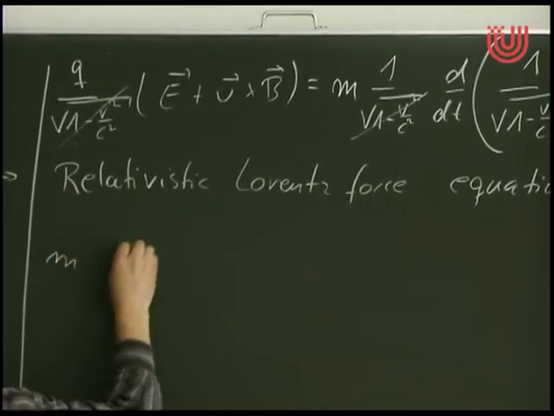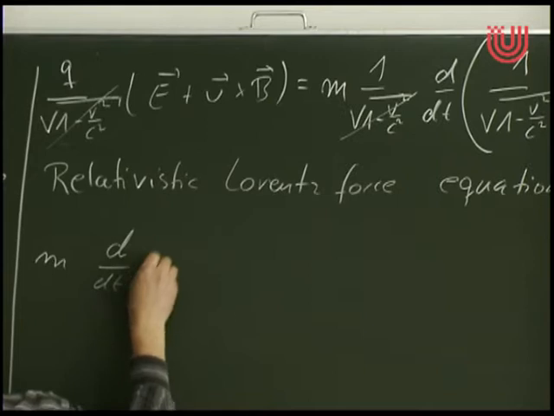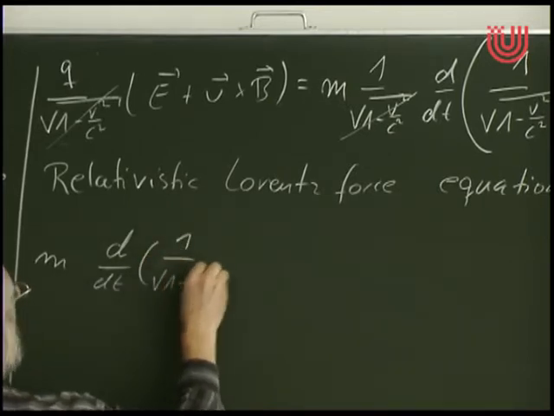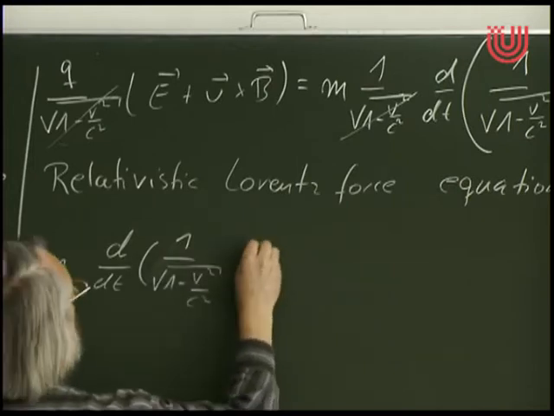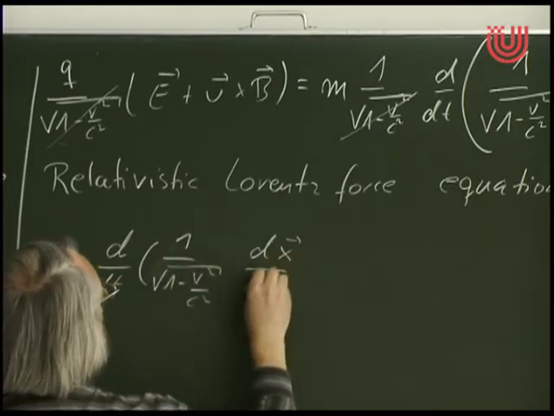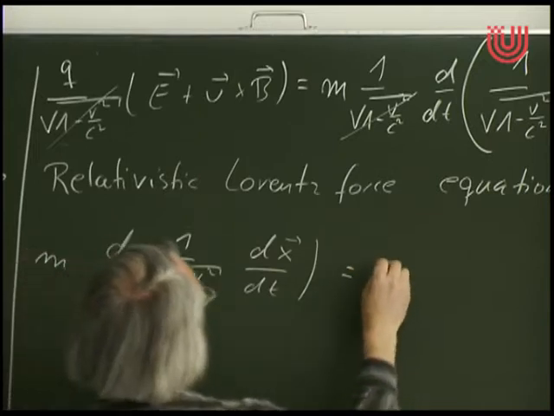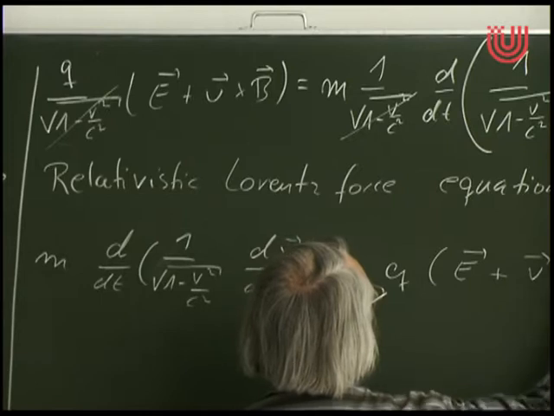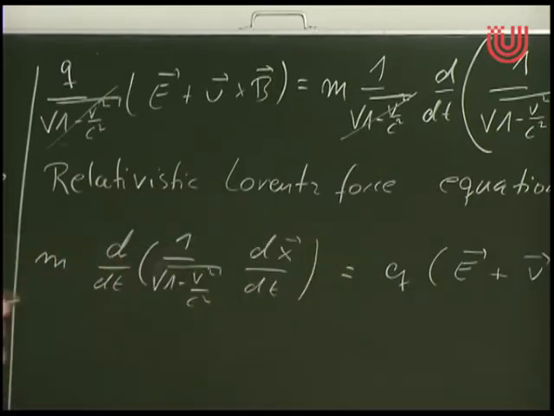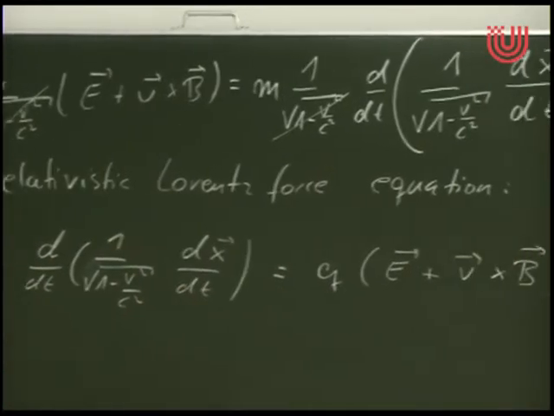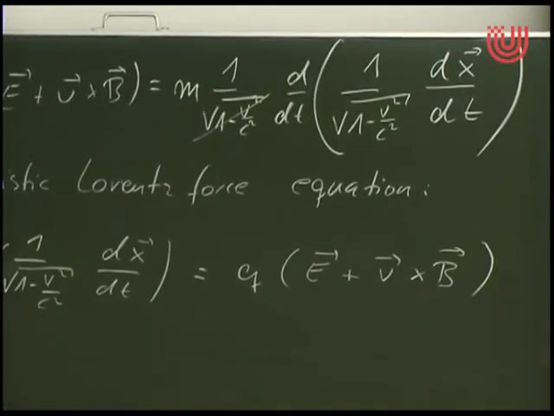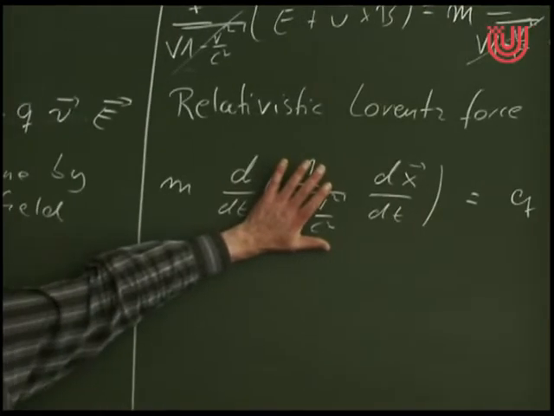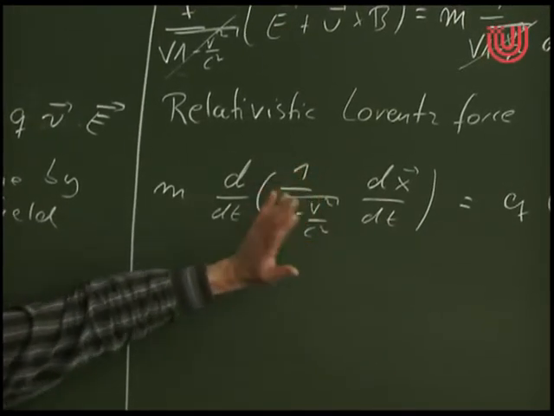So then we have m d by dt of 1 over root 1 minus v squared over c squared times dx by dt is q times E plus v cross B. And now you see what's the difference to the ordinary Lorentz force equation, which you learned in your elementary electrodynamics course. There was not this square root, right? That's the difference. So the formula is different.